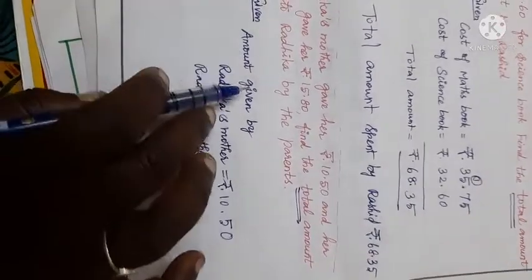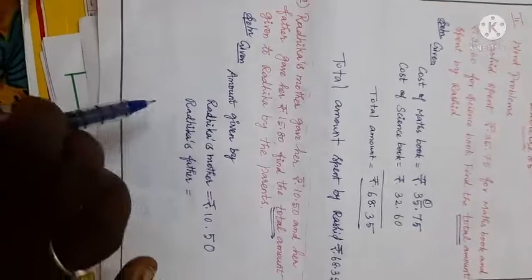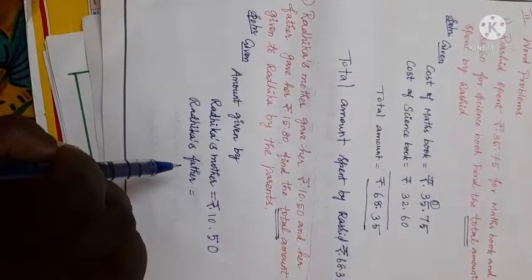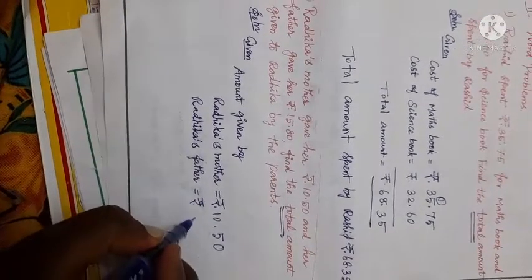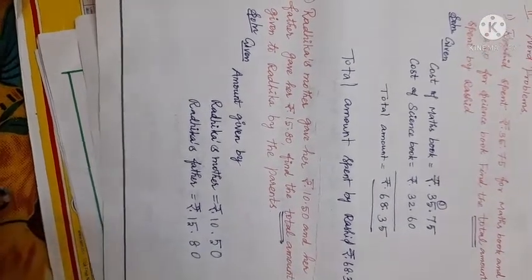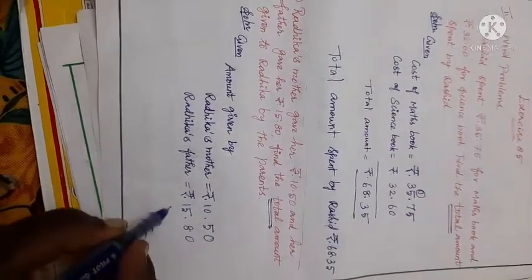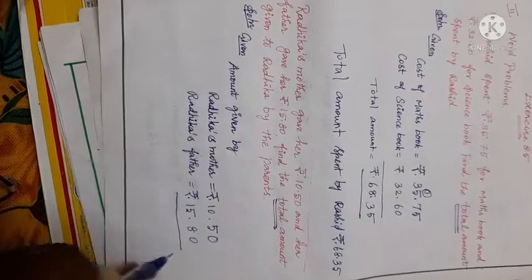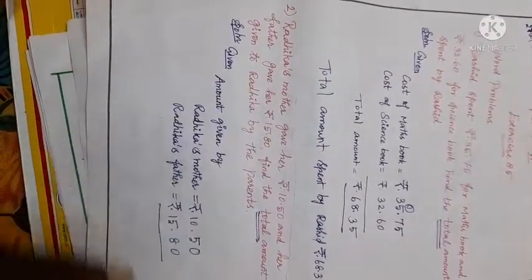Next, amount given by Radhika's father, rupees 15.80. Next, total amount given to Radhika by the parents.